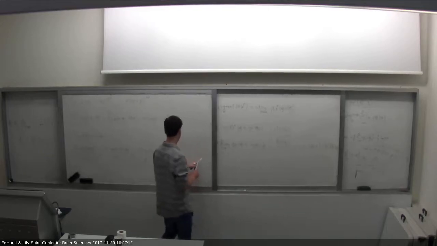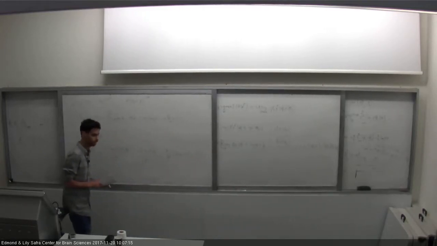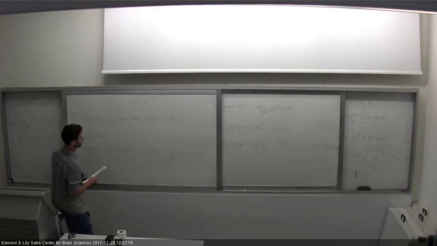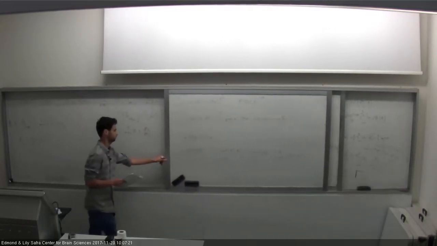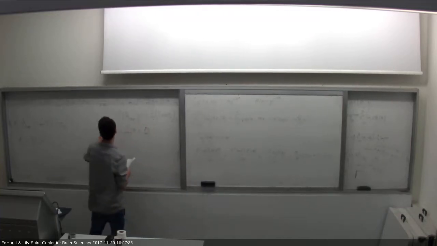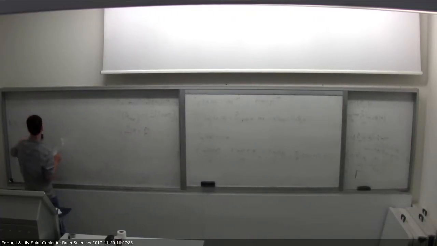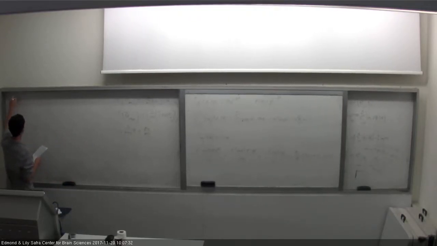We want this to be equal to 0, and we will get that the MAP estimator is n divided by the sum of xi plus 1, and the maximum likelihood estimator is n divided by the sum over xi.